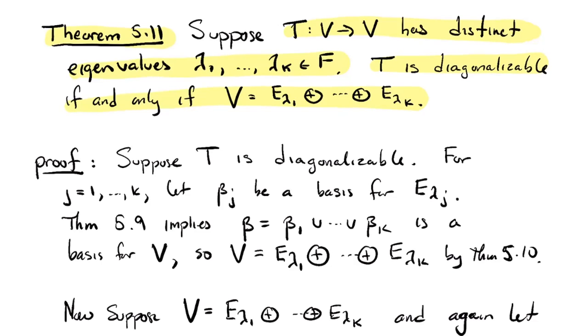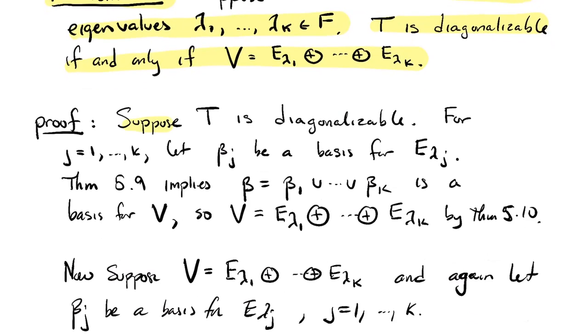Okay, so this is just translating into this new language, although it's certainly important for you to learn the language. So I hope you'll slow down and study this proof carefully, but let's look at it. Suppose T is diagonalizable. For every one of the eigenvalues, lambda 1 through lambda k, let beta j be a basis for the corresponding eigenspace. Like I just said, theorem 5.9 says that if you union those bases together, you get a basis for V. So by the theorem that we just proved, if you have bases for a bunch of subspaces and you union them together to give a basis for the space, then V is the direct sum of those subspaces.